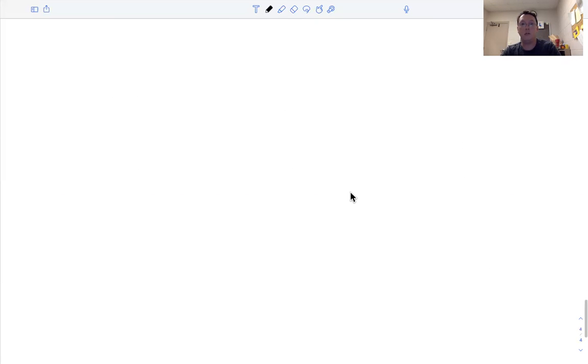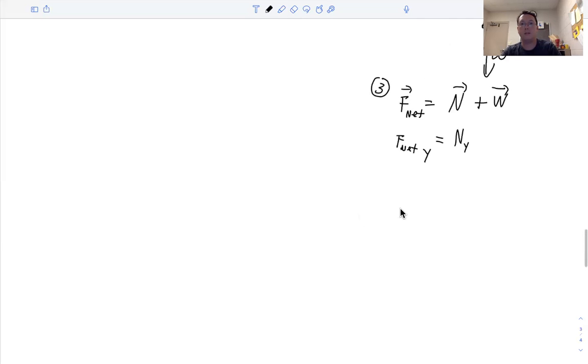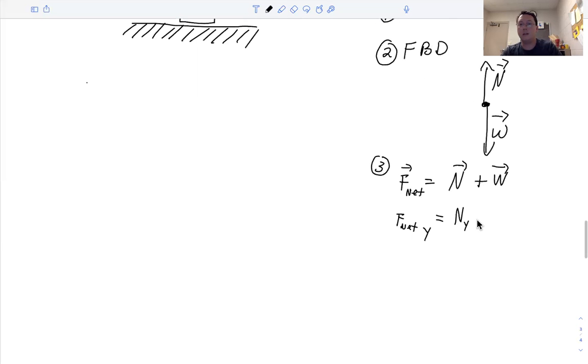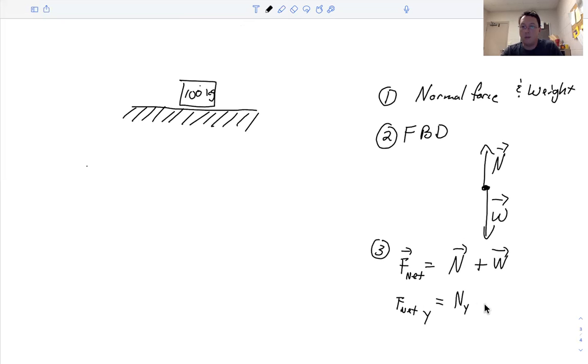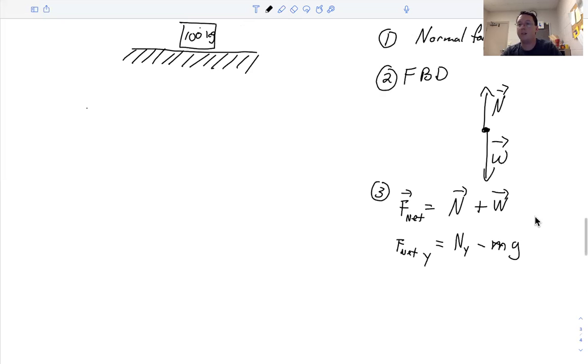So in this situation, I can substitute in for weight minus the mass times g, where the mass is 100 kilograms.